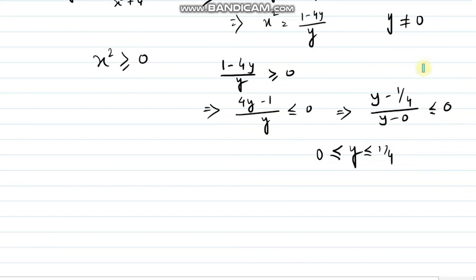But as y is not equal to 0, ultimately the range of the function will be 0 to 1 divided by 4. This is an open interval, this is a closed interval.